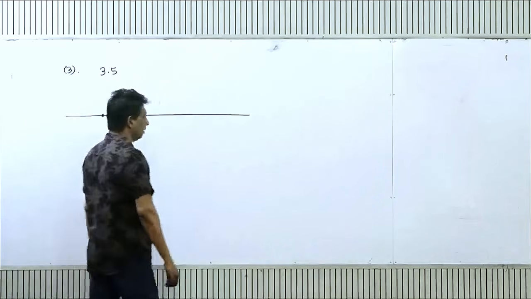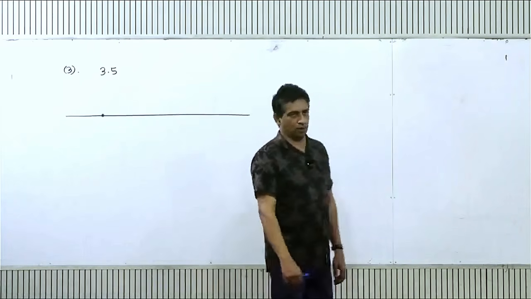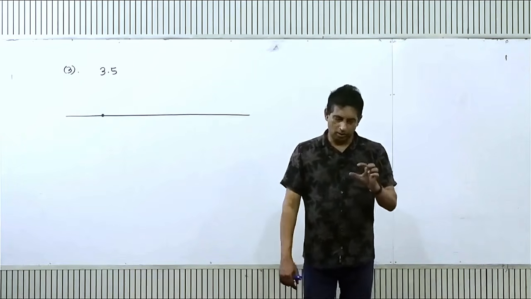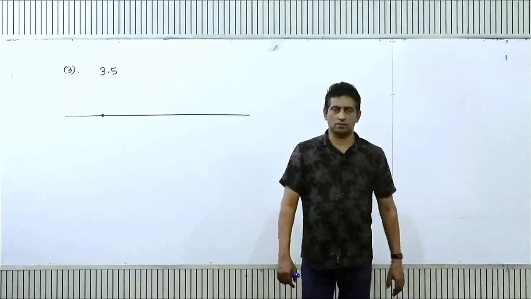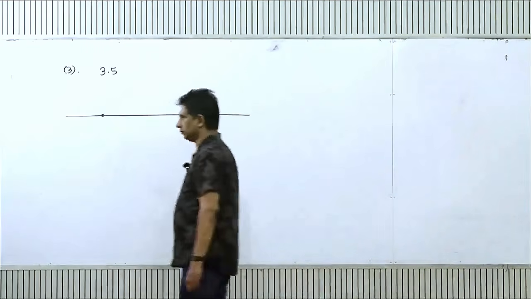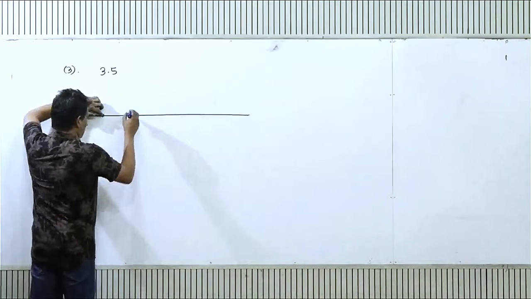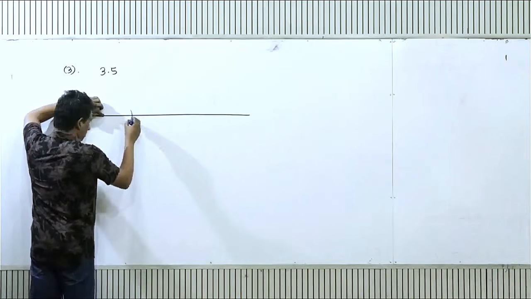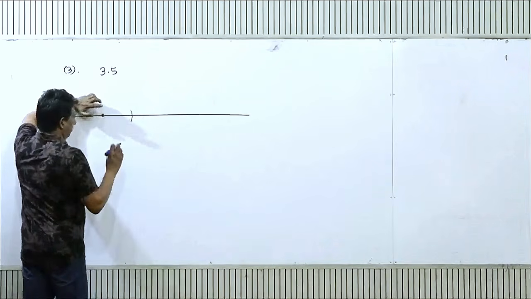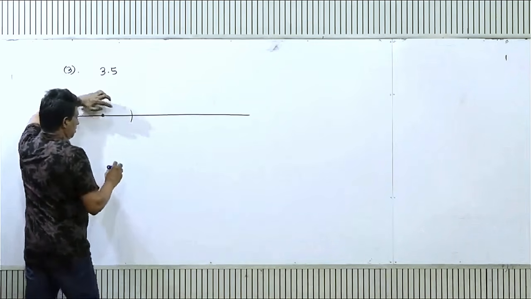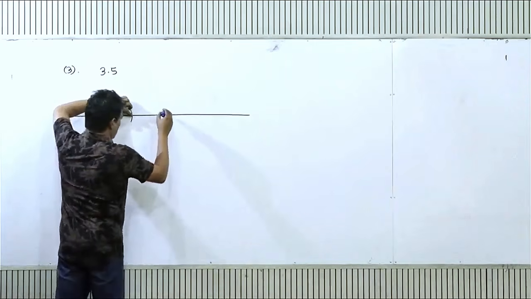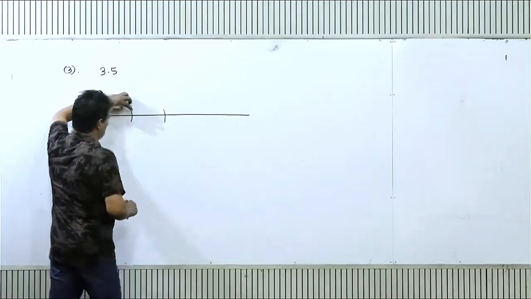Then first we have to take any distance in the compass. Then you have to put the end here and draw an arc. Then without changing the distance, you put the compass end here and draw an arc.